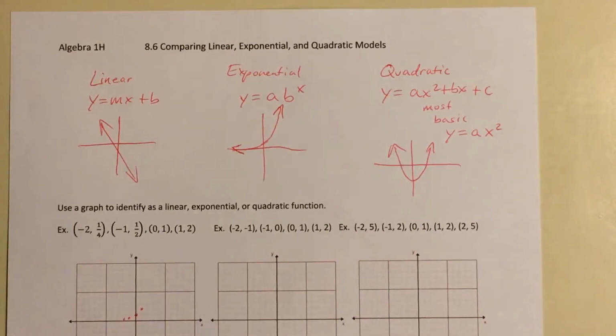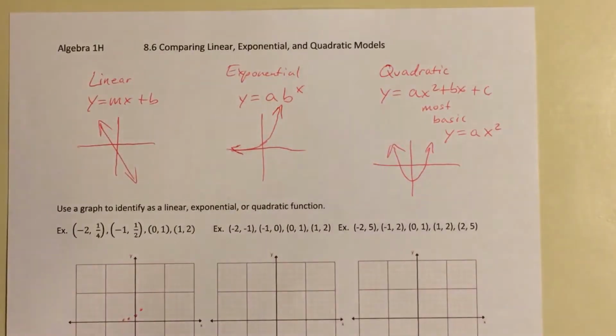Now this one, initially you might think, oh, maybe it's linear, but you can see there's a bit of curve to it. Now, based off of this data, it can be a little bit tricky determining if it's the difference between an exponential and a quadratic.